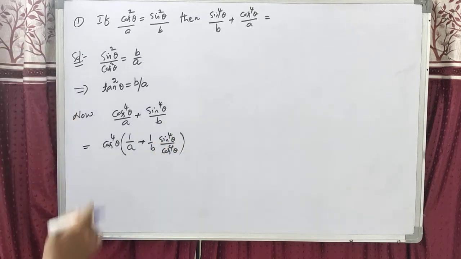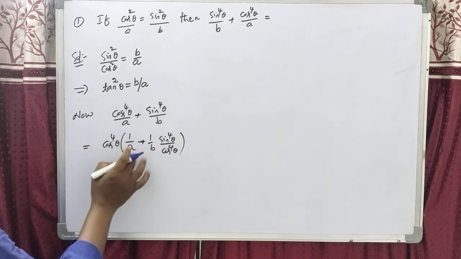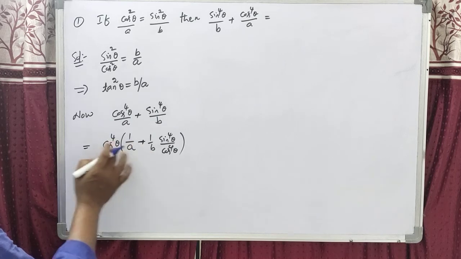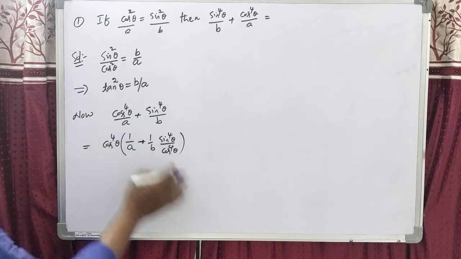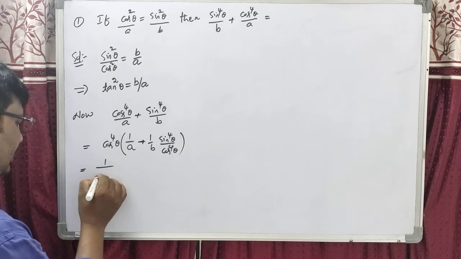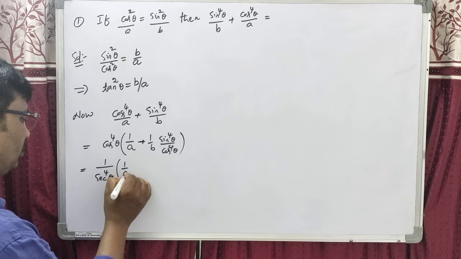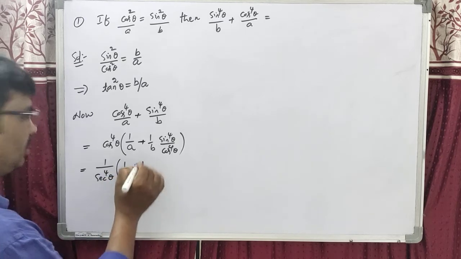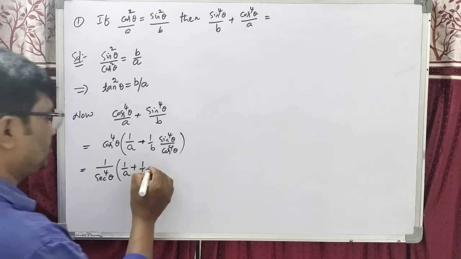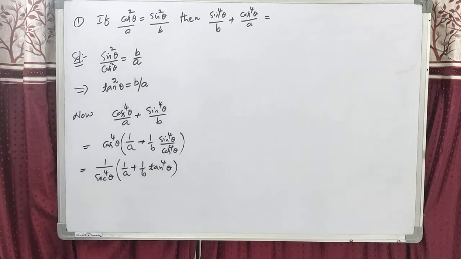When you multiply these two, we get cos power 4 theta by A. Cos power 4 cancels. Now this can be written as secant power 4 theta, 1 by A plus 1 by B, and this is tan power 4 theta.